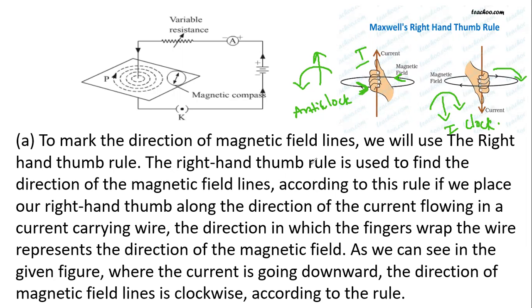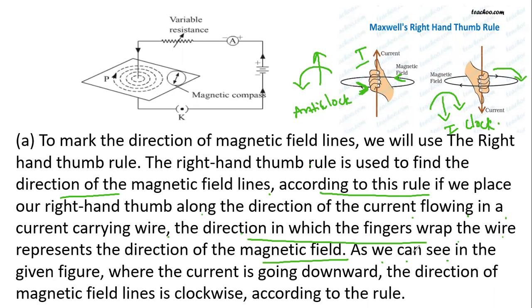Okay, just look at the definition once. Here, the right hand thumb rule is used to find the direction of magnetic field lines. According to this rule, if we place our right hand thumb along the direction of the current flowing in a current carrying wire, the direction in which the fingers wrap the wire represents the direction of the magnetic field.